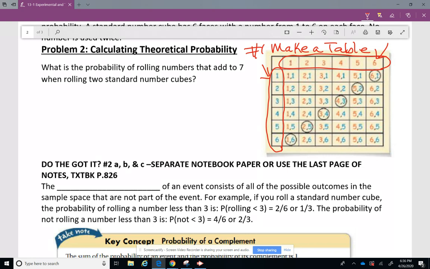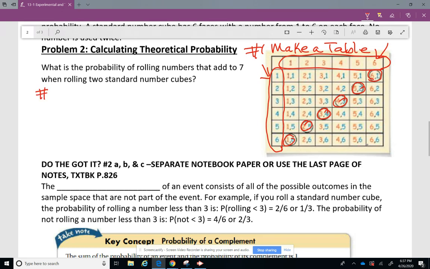And so what they want to know is what's the probability of you rolling numbers that add up to be 7. So then you just go circle the ones that would be 7. Okay, and you see that you circled 6 of them. And you want to find out, well, what's the total number of possibilities? Well, 6 times 6 is 36, so 36.